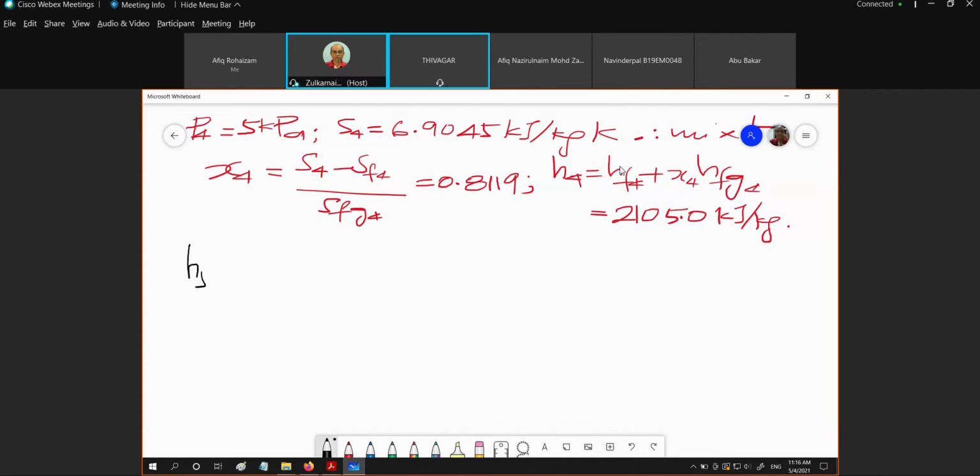H5 is at 5 kPa, equal to HF at 5 kPa, straight from the table. 137.75 kilojoule over kilogram. The next is H6.